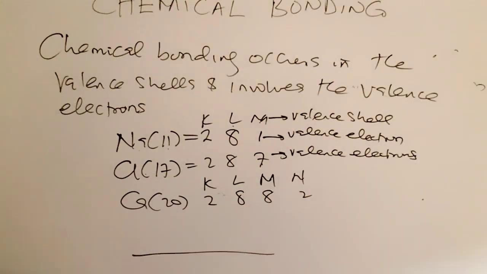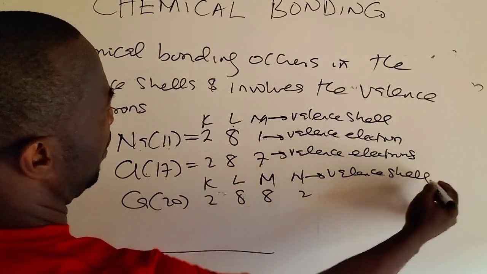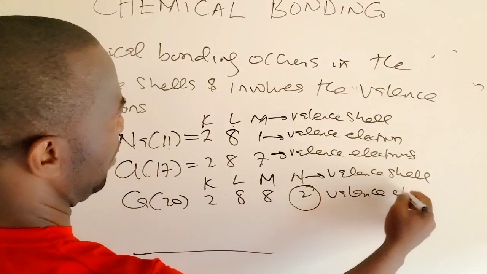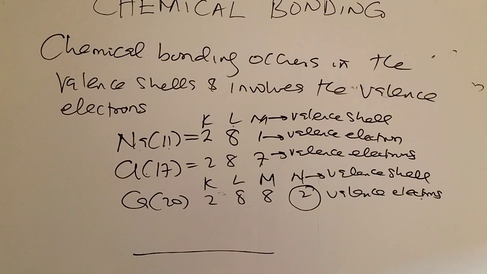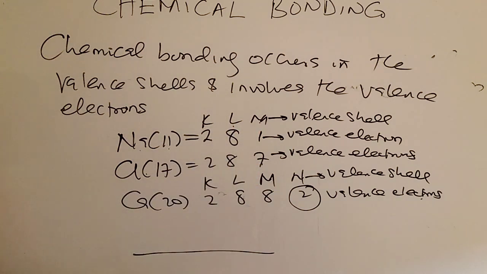For calcium, N is the valence shell, and calcium has 2 valence electrons. So chemical bonding will occur in the valence shells. When atoms are combining together, they use their valence shells, and it involves only the valence electrons found in the valence shells.